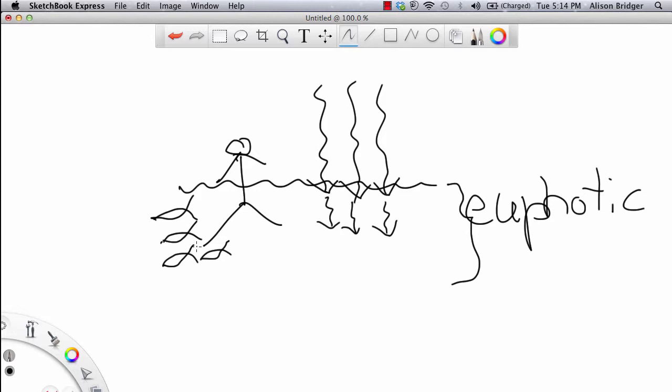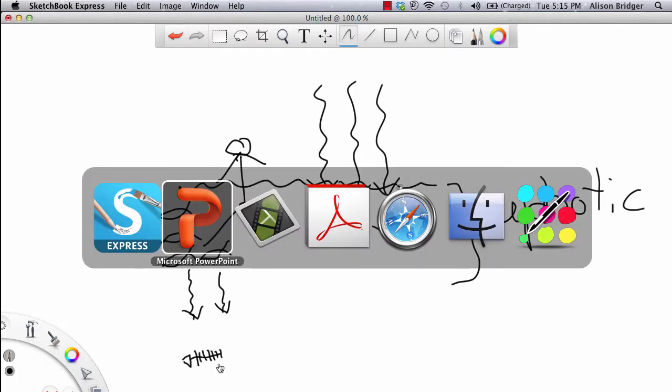And the thing is that when they die, they sink to the bottom of the ocean. So at the bottom of the ocean, you're going to have, now what does a dead fish look like? I think it looks like this, right? So at the bottom of the ocean, you're going to have a pile of dead fish and dead other plant life.